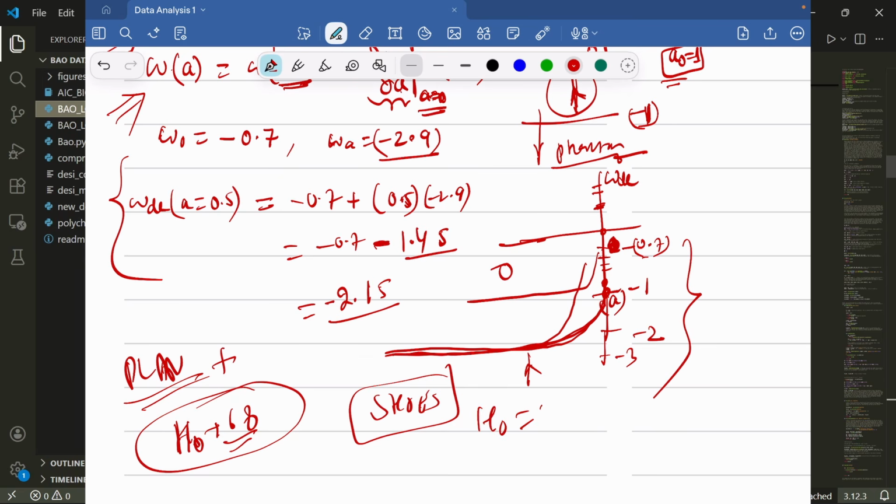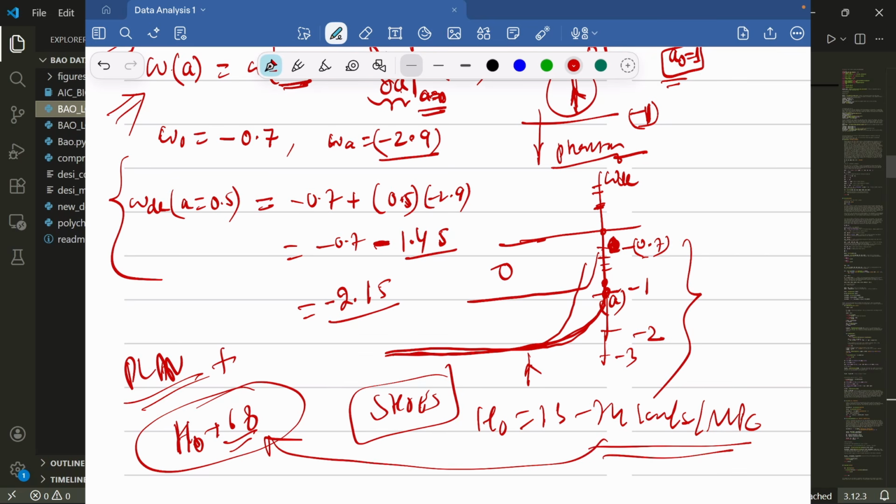This result is around 73 to 74 kilometers per second per megaparsec, right? This is a huge difference, more than 4.5 sigma, close to 5 sigma.